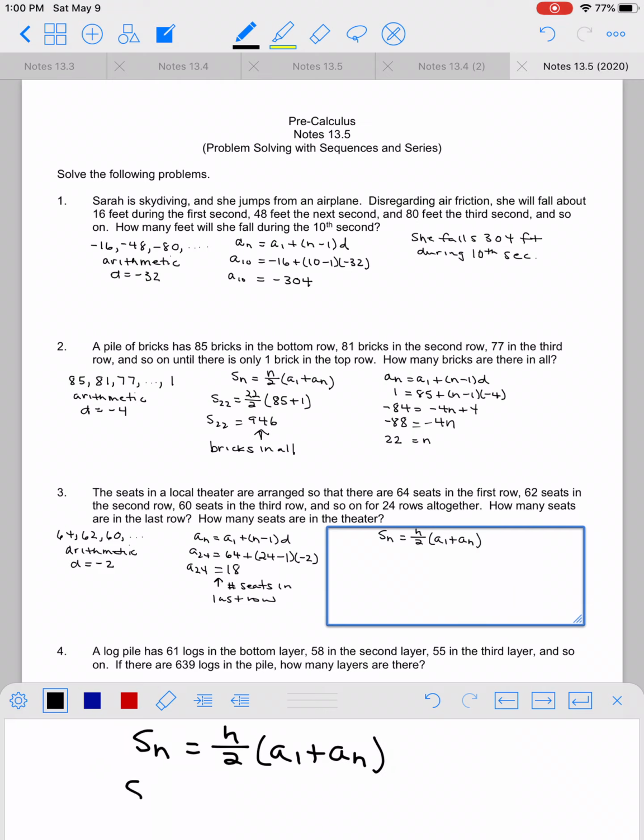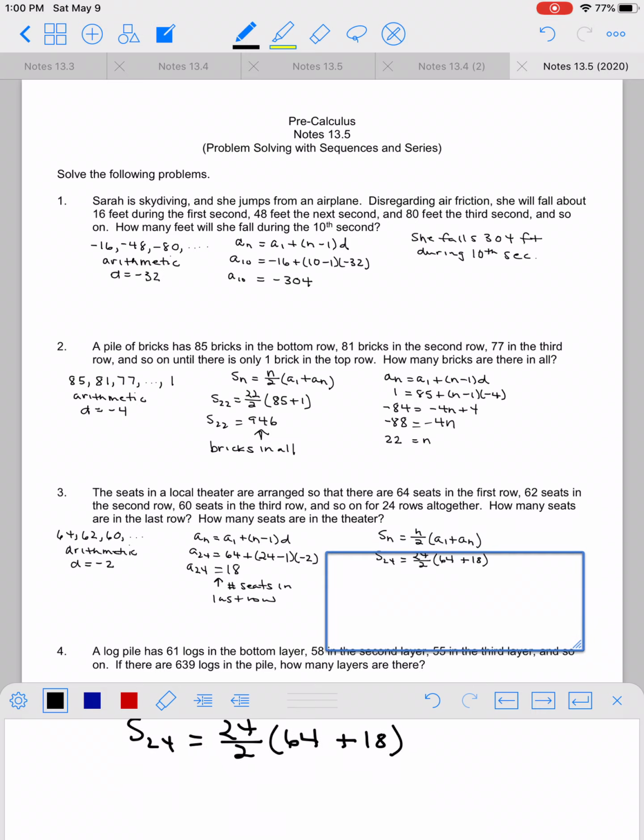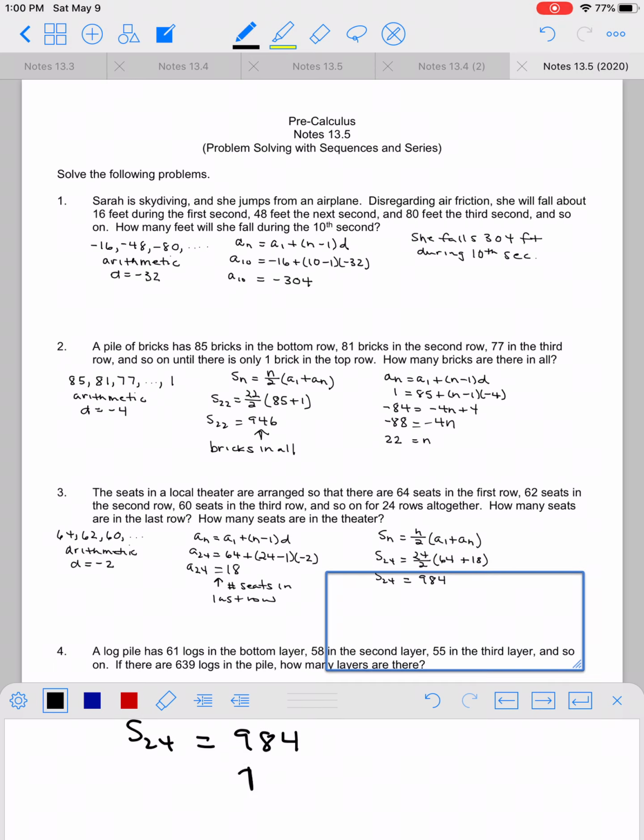Now I want to know the sum of those 24 rows. So 24 over 2, the first term is 64, the last term is 18, and then that goes into your calculator, and the sum of 24 terms would be 984. The significance of 984 is that it's the seats in the theater, so that's the total number of seats.